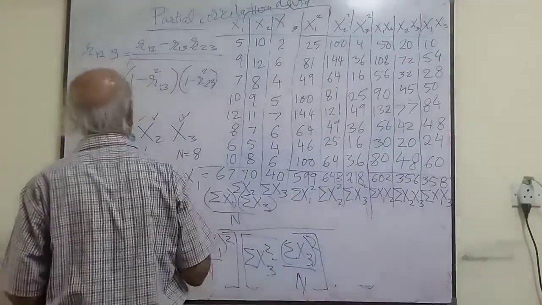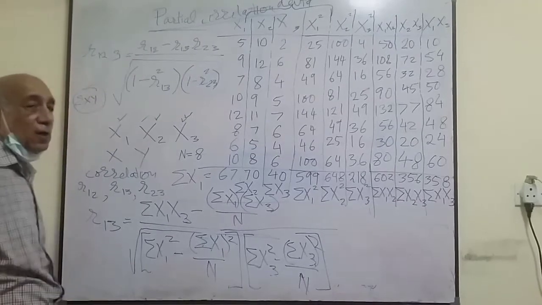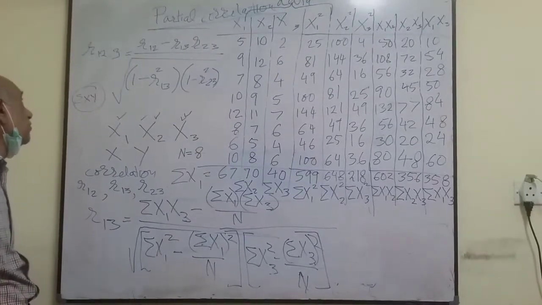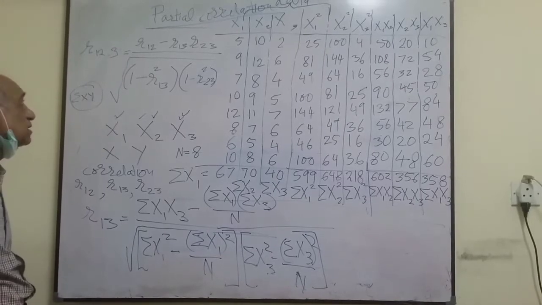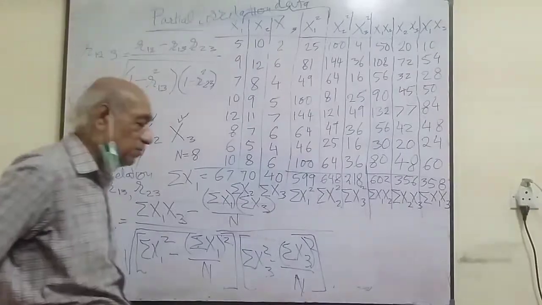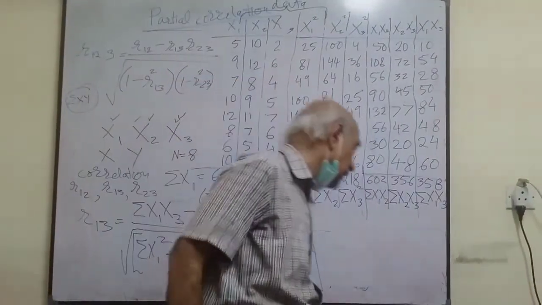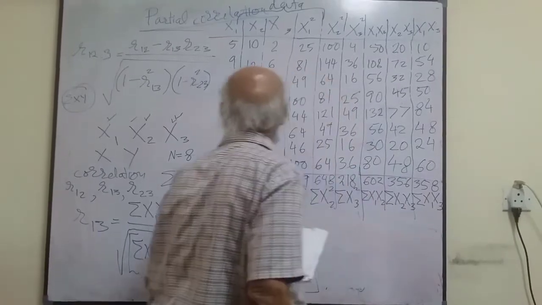So those values we need for the formula for the partial correlation between variable 1 and 2, given that 3 is held constant. So that is the partial correlation of 1 and 2, given 3 as constant.